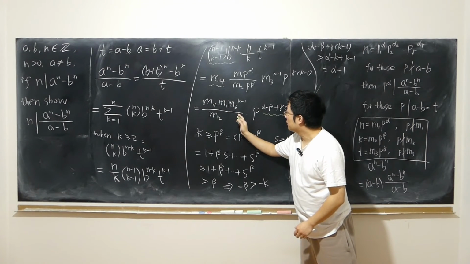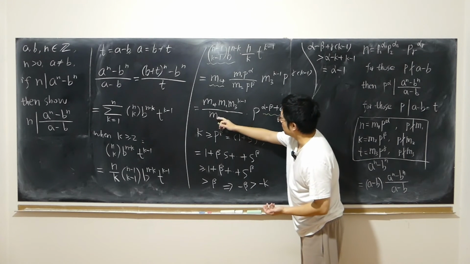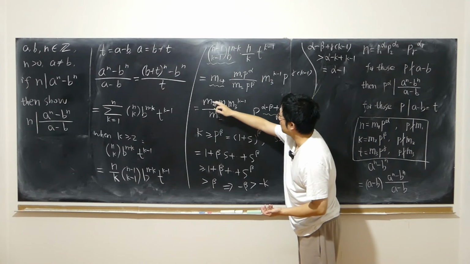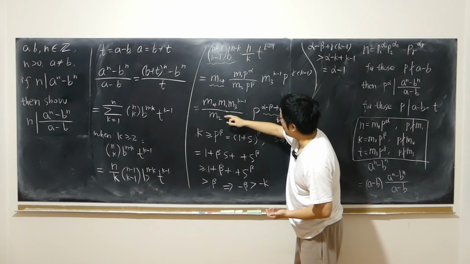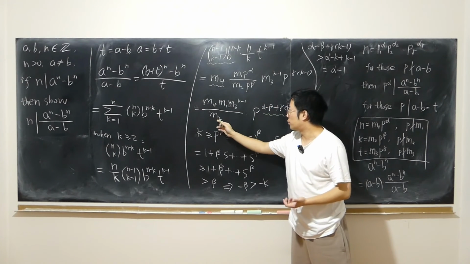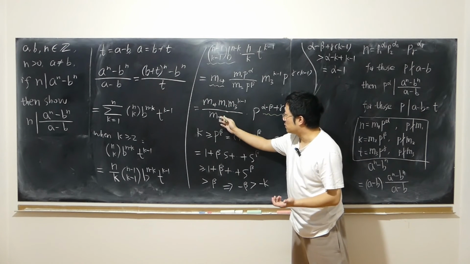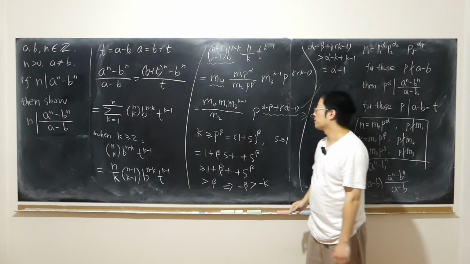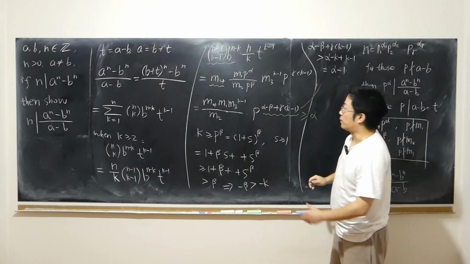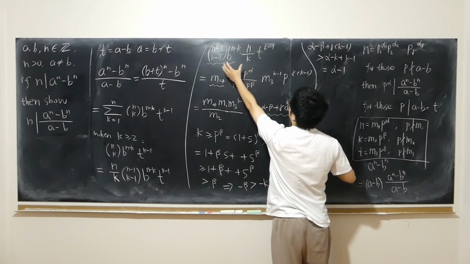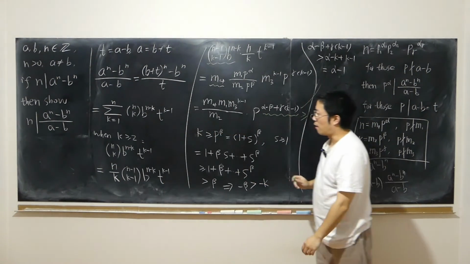Which means after all the simplification between the m2 on the bottom and the positive integer at the top, we still have some primes down on the bottom that cannot be simplified with this. Some p's, some product of some p's, which might be different than these p's. But because this whole term is obviously an integer.